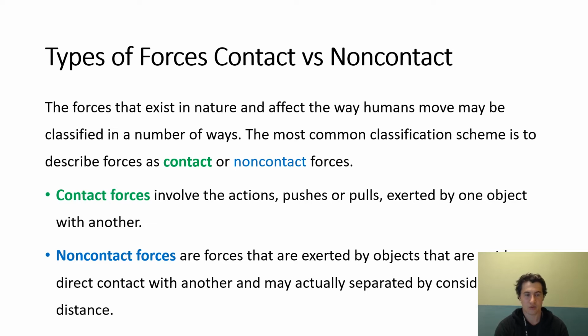So contact forces involve the actions of pushing or pulling exerted by one object with another, whereas non-contact forces are forces that are exerted by objects that are not in direct contact with another and may actually be separated by quite a lot of distance. So contact is when there's some pushing and pulling directly with two objects, whereas non-contact is when a force is applied but there actually might be some distance between those two objects.